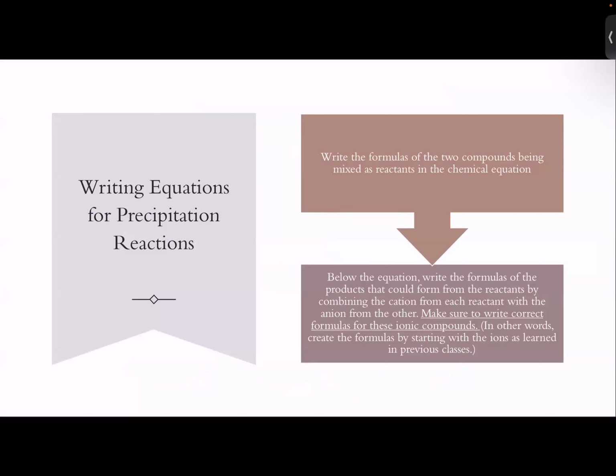So, what is the process for developing the molecular equation, the balanced chemical equation? Well, the first thing we're going to do is develop the formula of our 2 reactants.